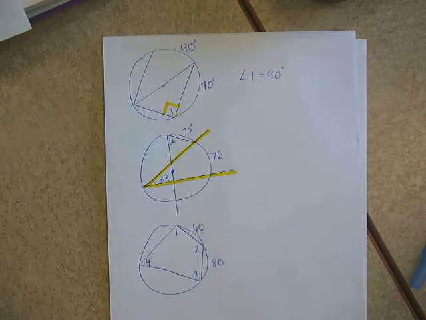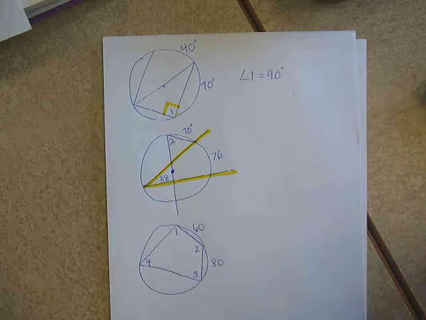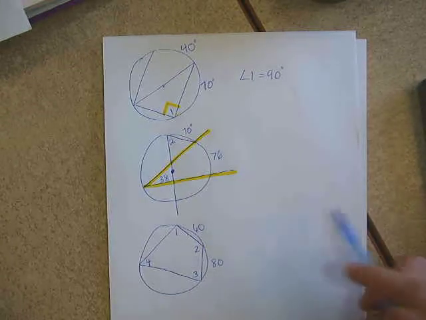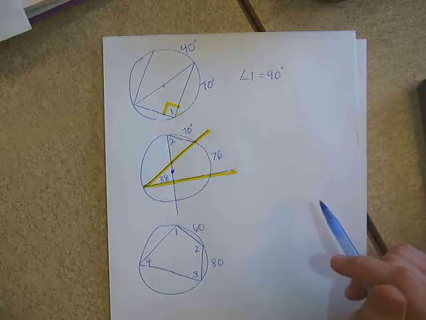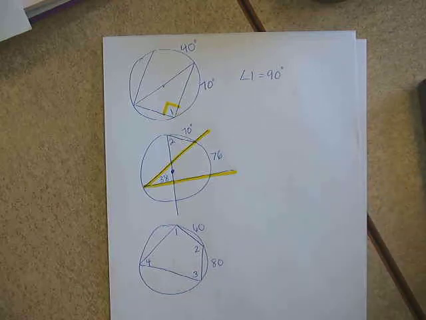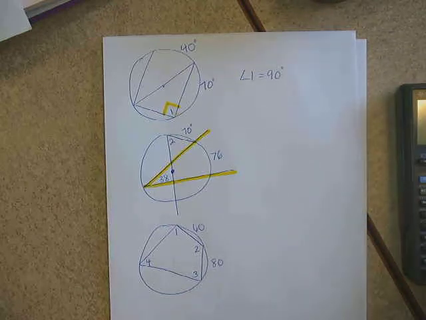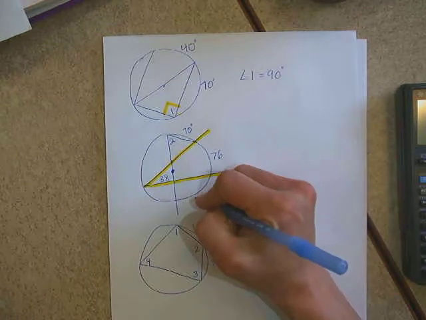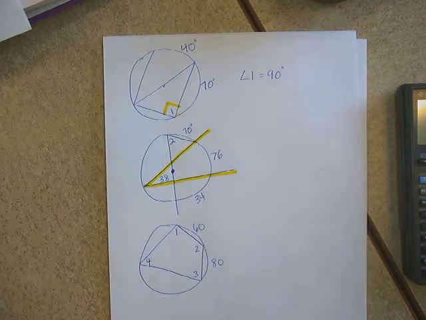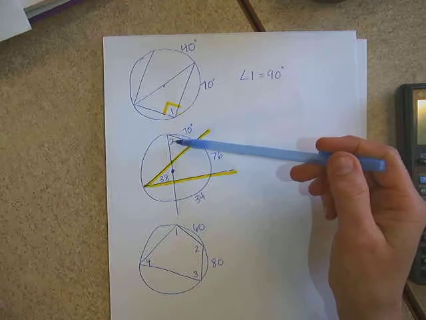If this is a diameter, all of this is 180. So you would subtract 146 from 180. So that would be 34. Okay, so this would be 34.